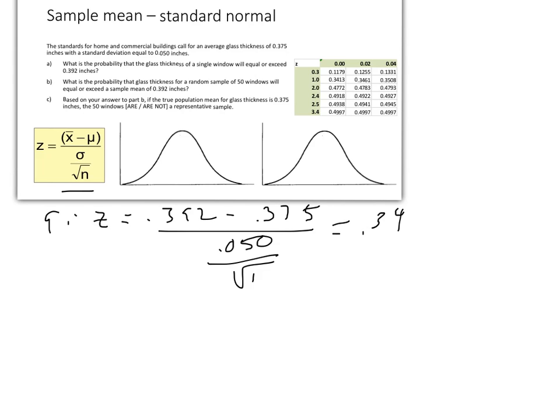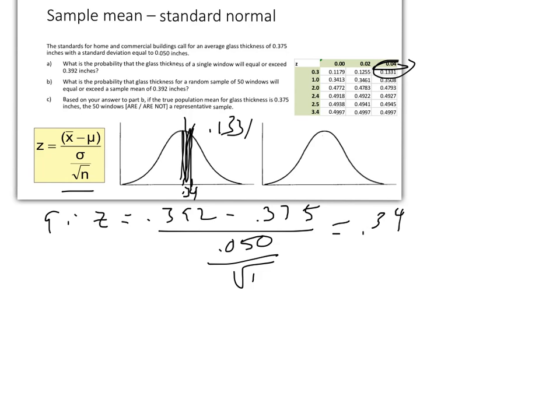So if we were to look at this here, if the mean, it's not quite 0, but let's say we're right here, 0.34. Okay, and so we would then look up 0.34 in the table, and I've got a modified version of the table here, and this distance here between 0 and 0.34 is going to be 0.1331.